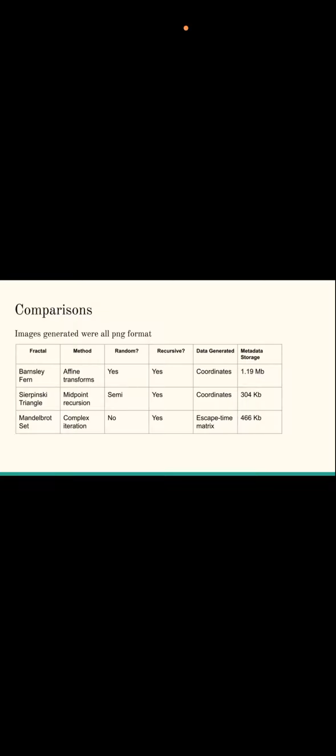With the amount of rotation and translation, you could produce that fractal regardless of which point you choose. It's recursive, as all of these are. The data generated for this fractal was coordinates, and the metadata storage was 1.19 megabytes.